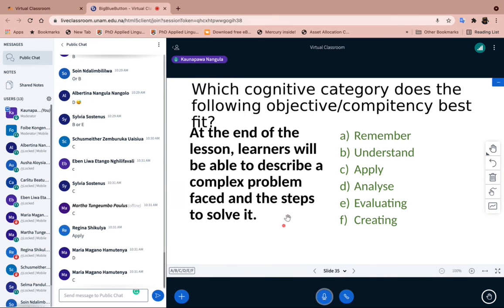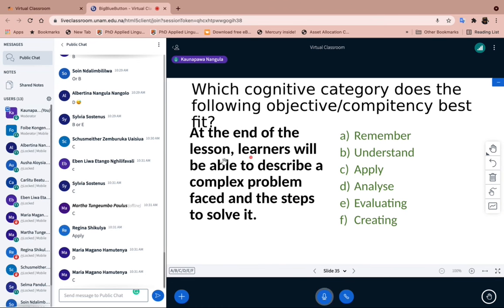So I feel like, here we've got describe what is the problem. Let's say you give them a text and then they find out what the problem is. Again, we're not saying use this in a different context per se.